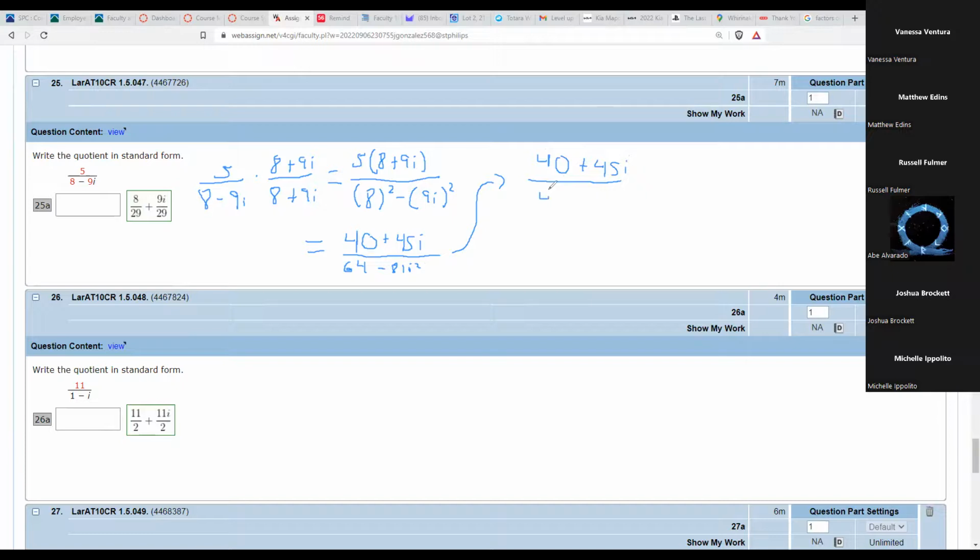So this becomes 64 minus 81 times -1. So this is going to be positive, right? What is 64 plus 81?